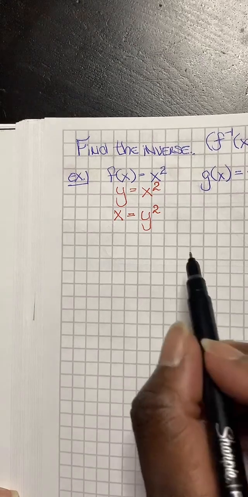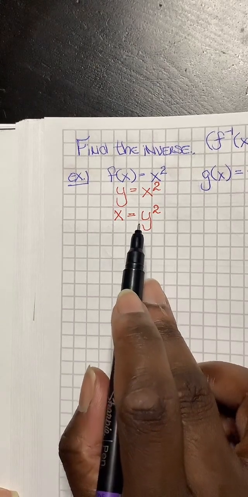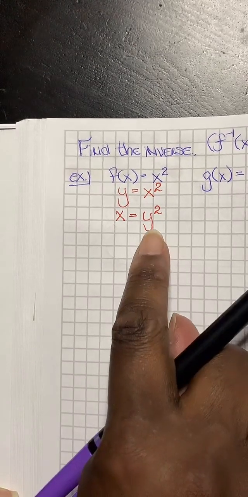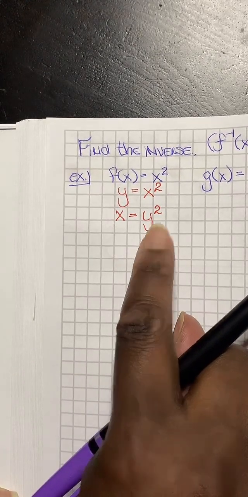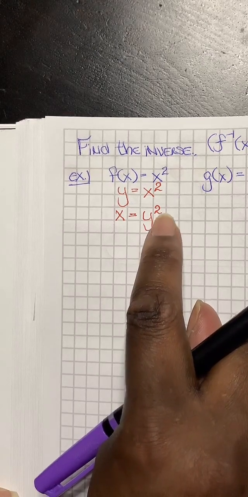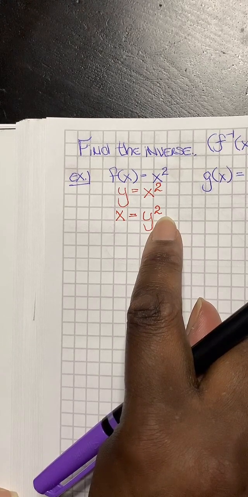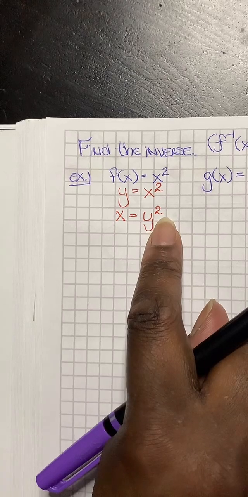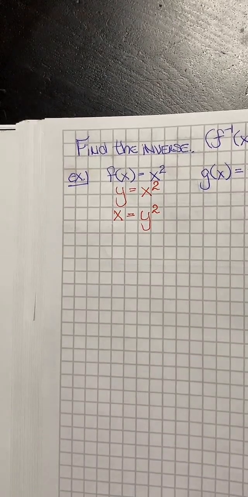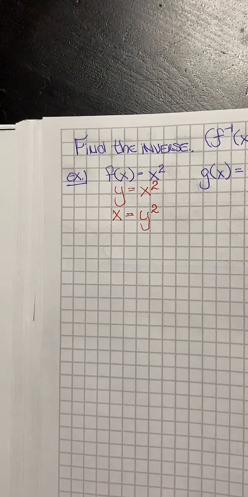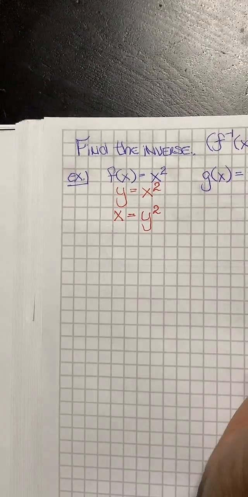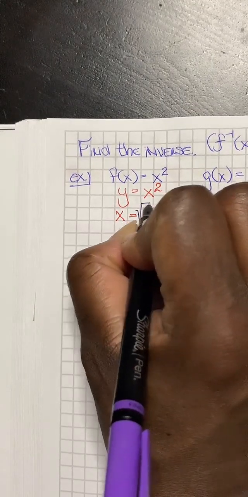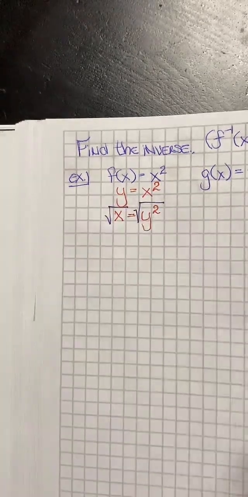All right. So now we need to solve this for y. So that means I need to get this y by itself. What's the opposite of a square? And don't say a circle. It's not a circle. What's the opposite of a square? That's an exponent. Good. So we have a square root. These are inverses of each other.